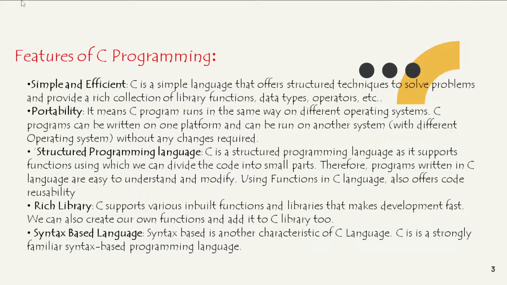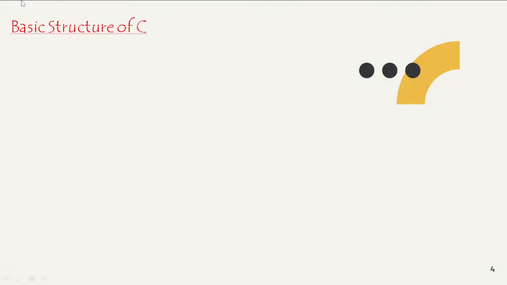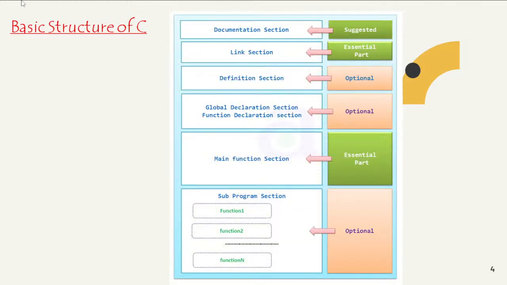Now we'll see the basic structure of C. This is the basic structure of the C programming language, and it tells us what we need to write and in what order we implement the C program. Before writing simple programs in C, we have to understand this complete structure.